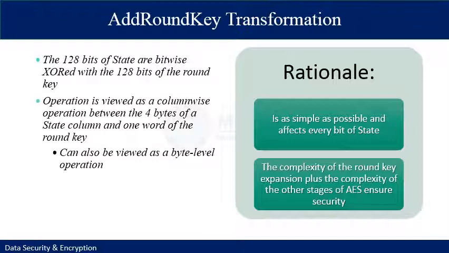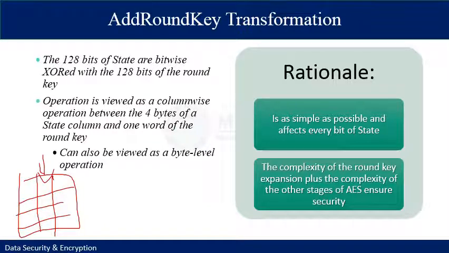The operation is viewed as a column-wise operation between the 4 bytes of a state column and 1 word of the round key. So it means that one column of your input state matrix is XORed with one word of your expanded key set.